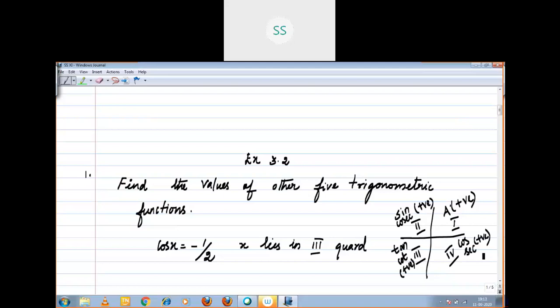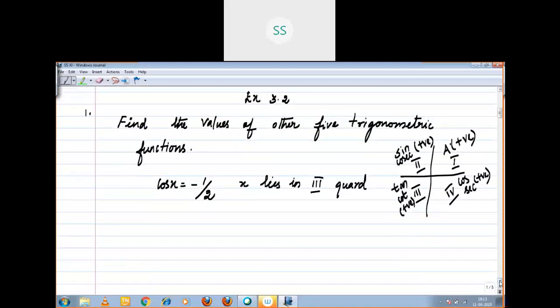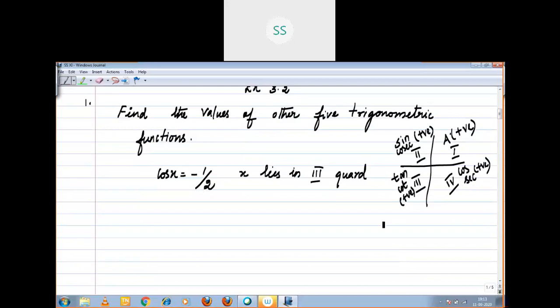How to register this in your mind easily? I will tell you one statement: All Silver Teacups, right? All the trigonometric functions are positive in the first quadrant.